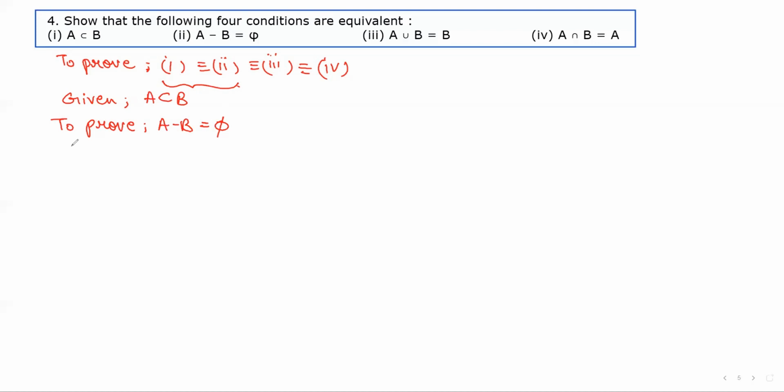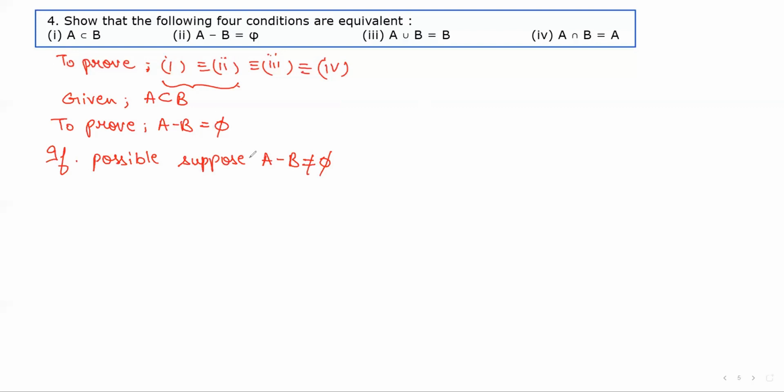By contradiction, we'll try to prove, if possible, suppose A minus B is not equal to the empty set. This is what we are assuming, the opposite of what we are supposed to prove. This is the process of contradiction. We use the process of contradiction to prove certain statements that are fairly basic to the definition.